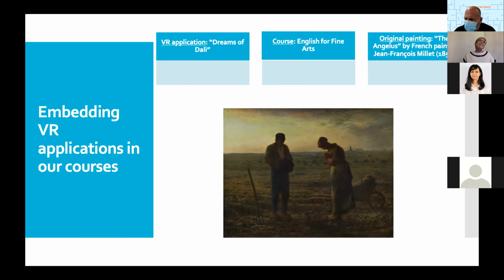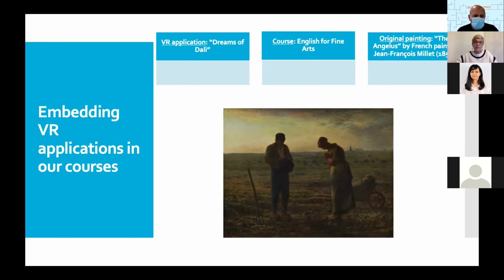The important thing here is not to understand how the painting is made or what the painter was feeling. We're just looking at some general aspects and elements. For example, students get to see that the two peasants here, their body posture is as if they're praying, okay?